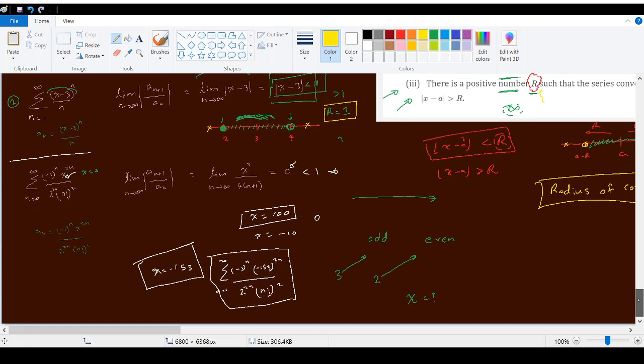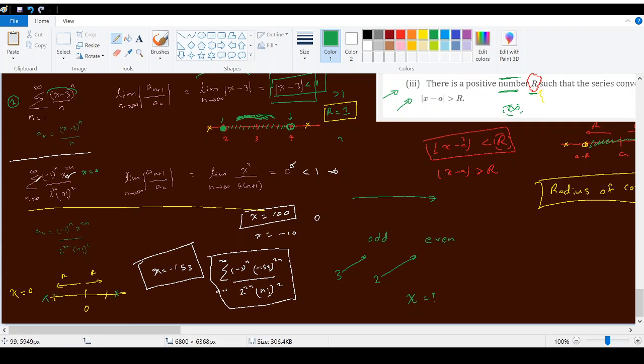And how about the last one? Here we saw that since the limit is equal to 0, for all the x values the series converges. But if we try to implement this idea of the radius here, and if we mark the center point 0 and a finite distance r, then it says outside the region the series should diverge.